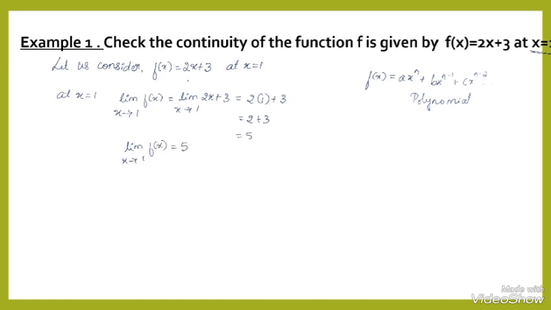Again, we have to take the direct value. That is f of 1 is equal to 2 into 1 plus 3, which is 2 plus 3, equal to 5. The limit x tends to 1 of f of x is equal to 5, and f of 1 is also equal to 5.